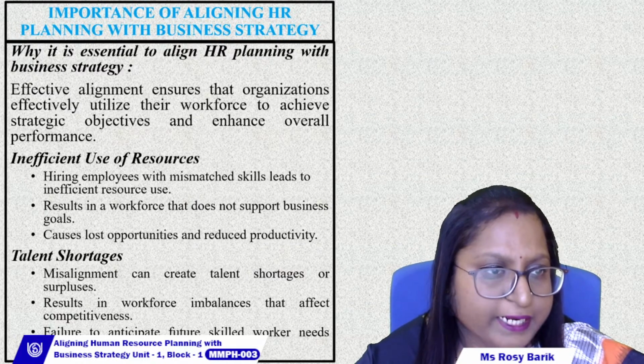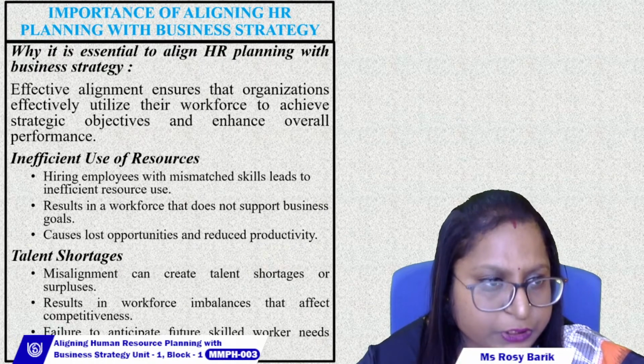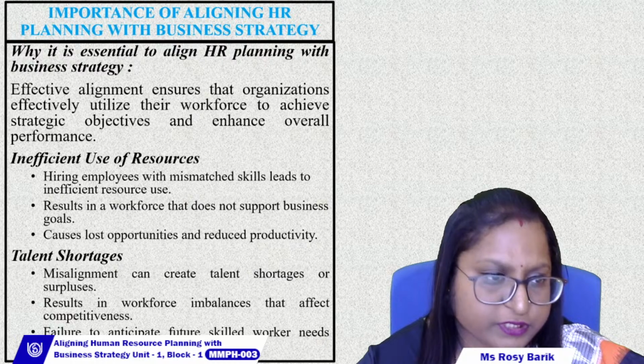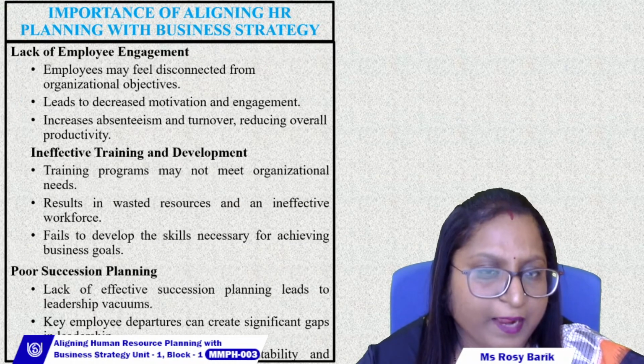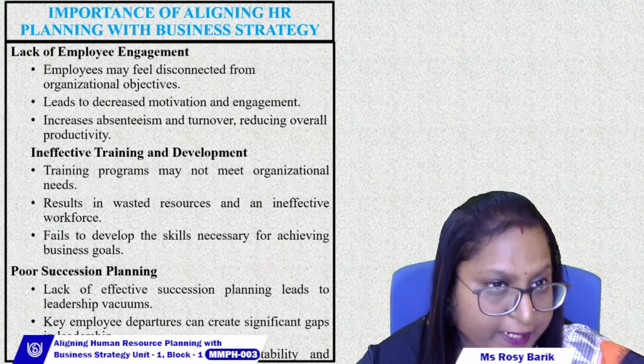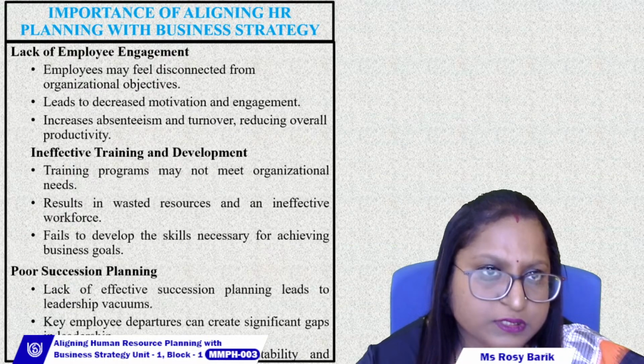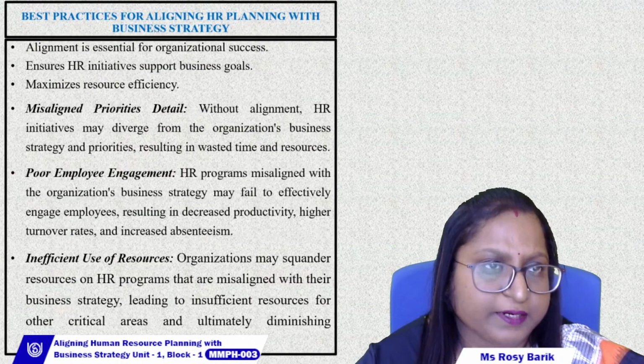So, how can it be understood? It can be done through the following points: inefficient use of resources, talent shortages, lack of employee engagement, ineffective training and development, poor succession planning, right?